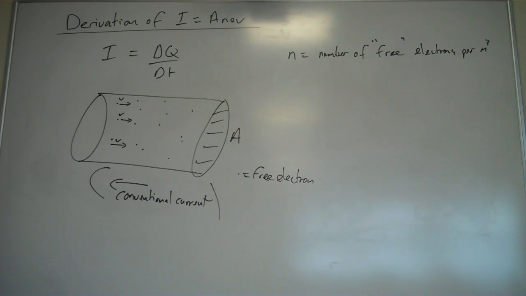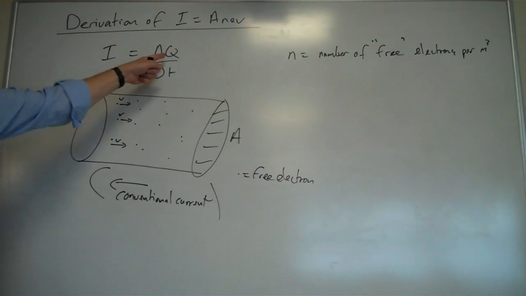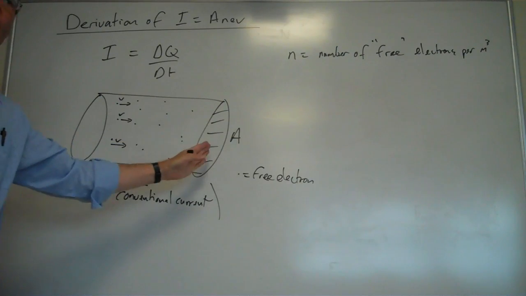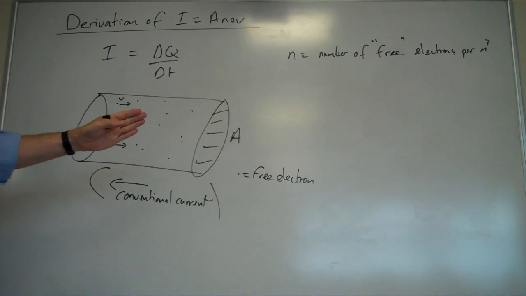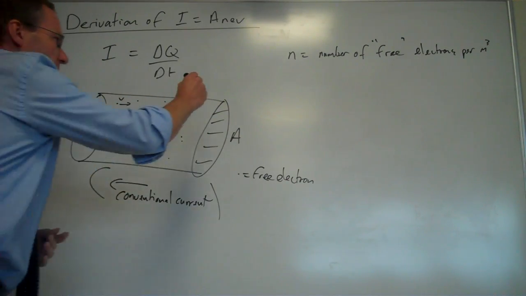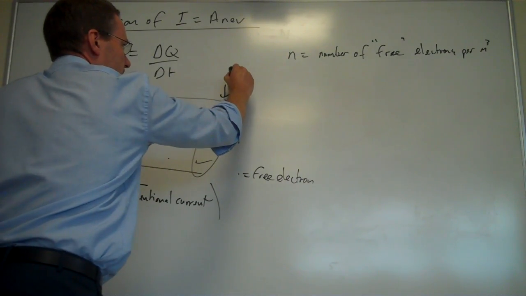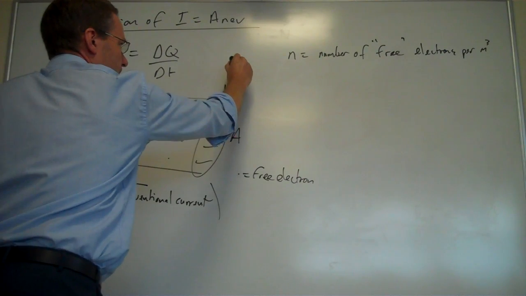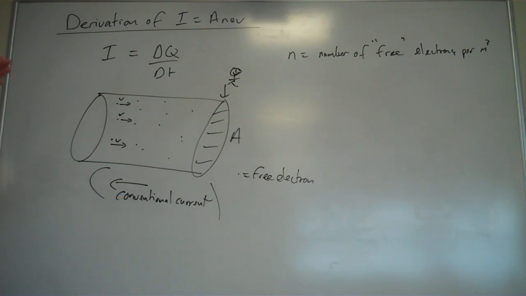Okay, so the derivation. We've got velocity v, we've got area A. The key of this is this picture. Current is rate of flow of charge. How much charge goes past any one given point per second. So I'm going to keep that end of this little bit of wire. That's the point. I'm going to stand there counting how many coulombs of charge come past per second, because that's what current is.